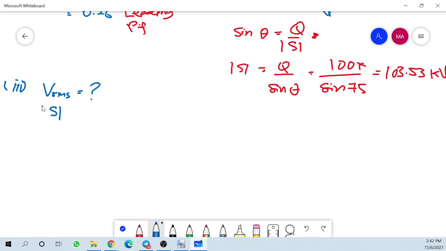We already calculated the apparent power, which is equal to 103.53 kVA.